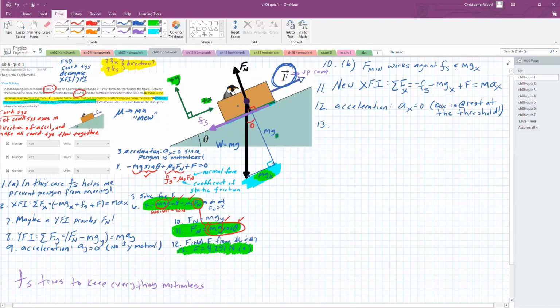So right at that boundary, you could say the acceleration right at that point is infinitesimally small, or you could say it's 0 right up to that point.